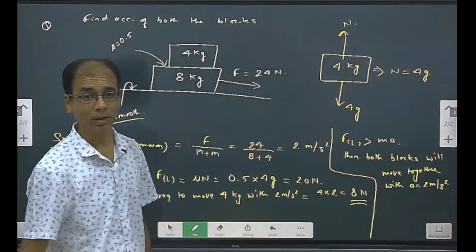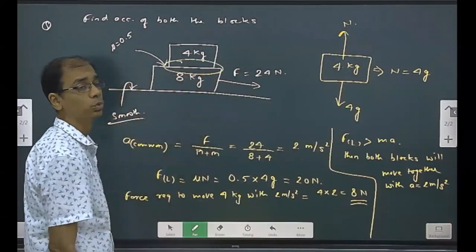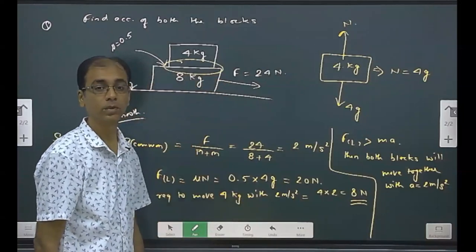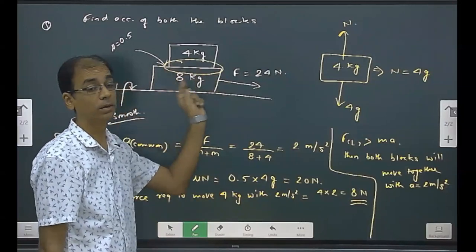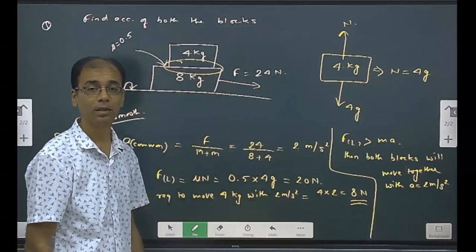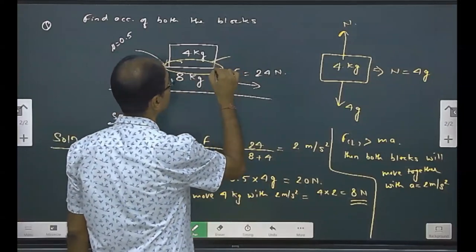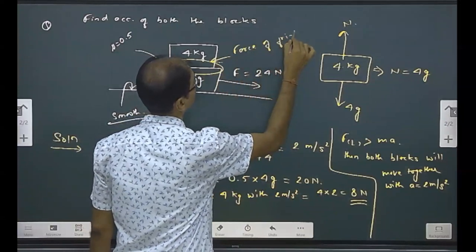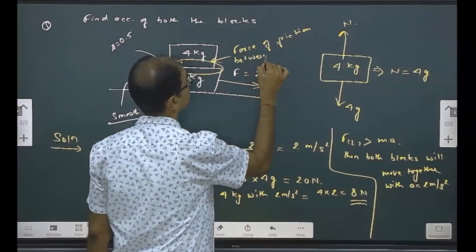Okay, sometimes they ask you what is the value of force of friction between these two. So we write 20 Newton. That's wrong. That's the limiting value. How much friction does it require to move with 2 meters per second square? 8 Newton, because that is the requirement. Okay. Force of friction between the blocks in this question is 8 Newton.